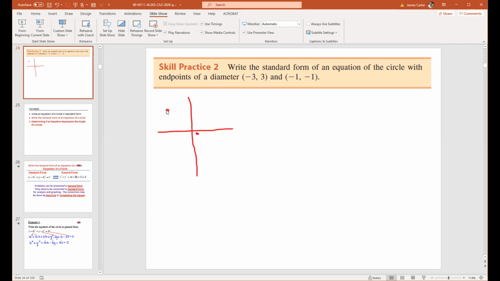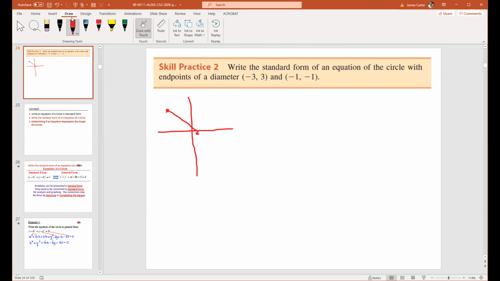Now, those are endpoints of the diameter of a circle, a circle that goes something like this.